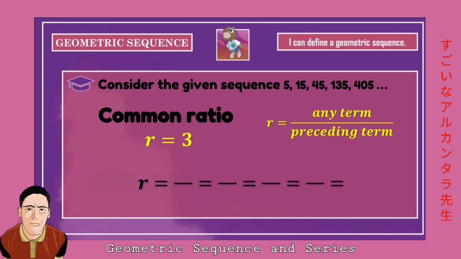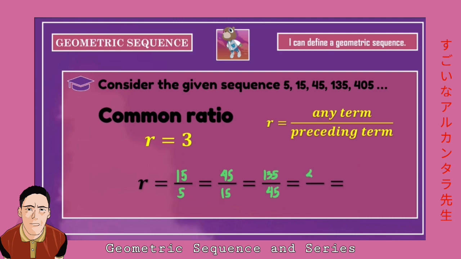For example, we have here 15 and we divide that by 5. That's the number preceding 15. So 15 divided by 5 is equal to 3. Therefore, it's correct. Next, we have 45, and the one before it is 15. If you divide, this is also equal to 3. 135 divided by 45, the answer is also 3.